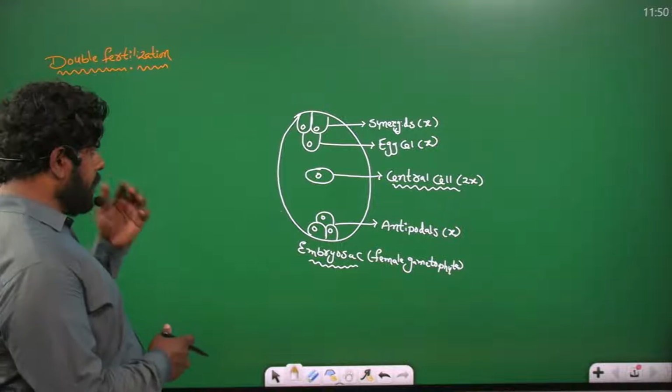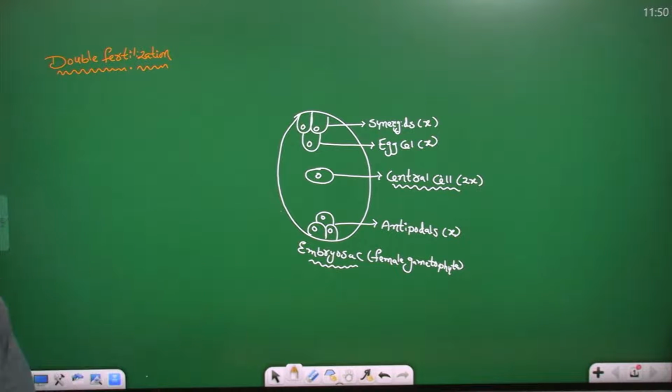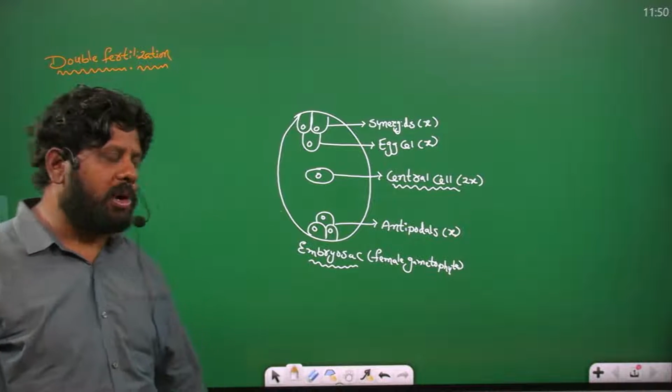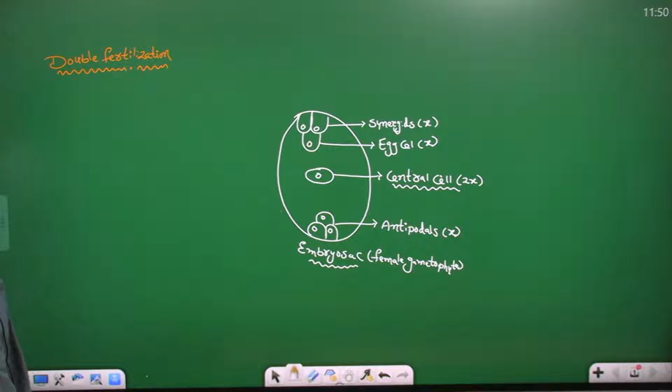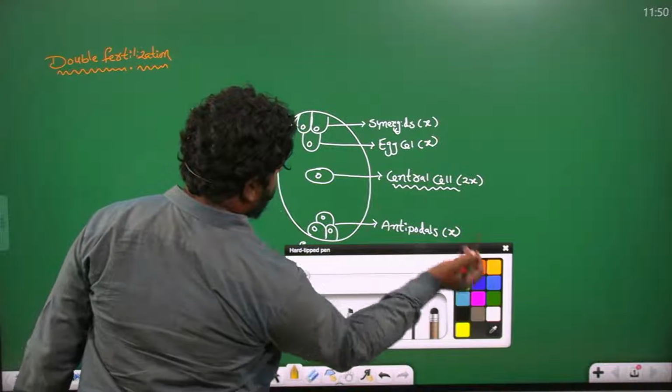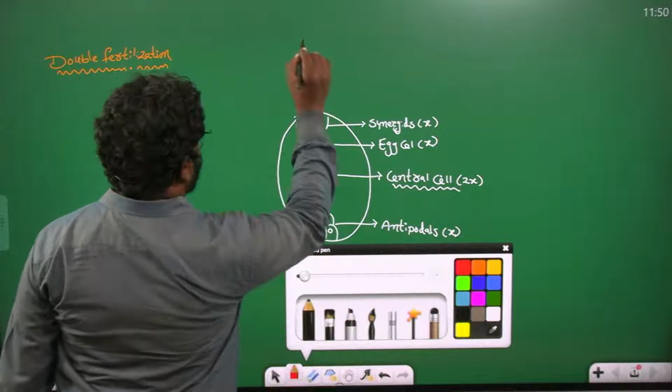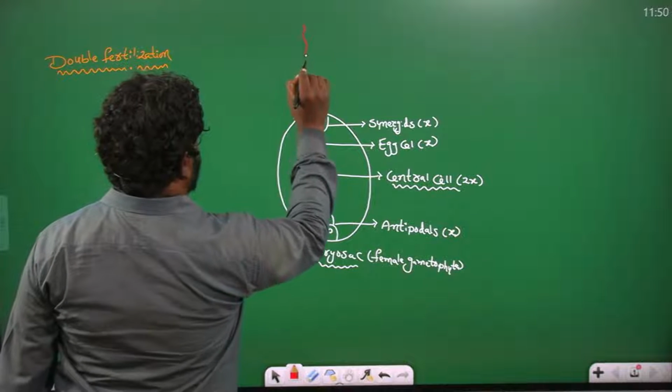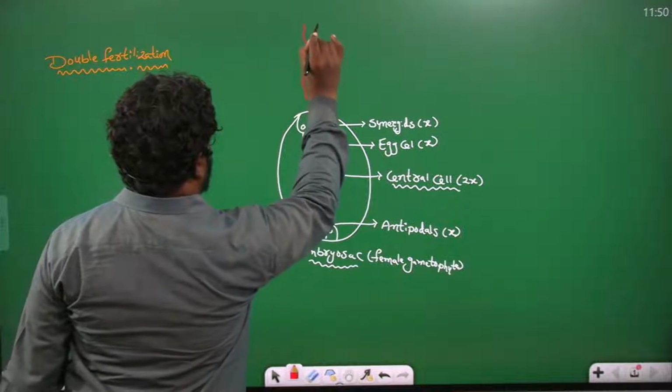And see, listen, this is the structure of the embryo sac or female gametophyte. Now, what is our topic? Double fertilization. See, listen, imagine this is the pollen tube.